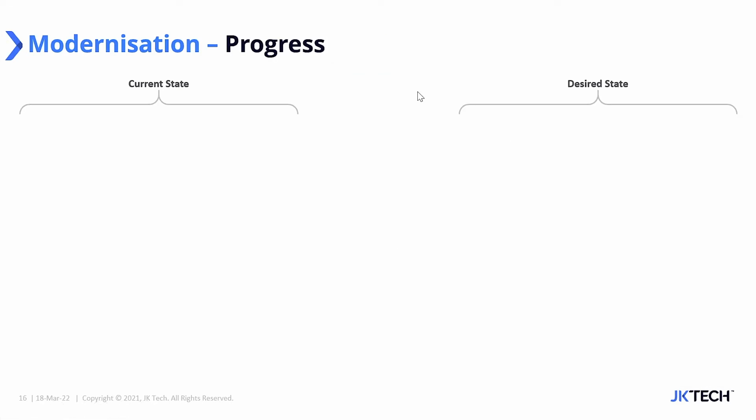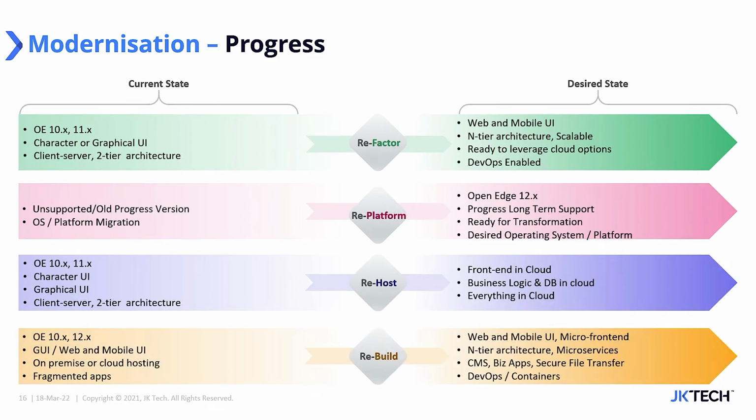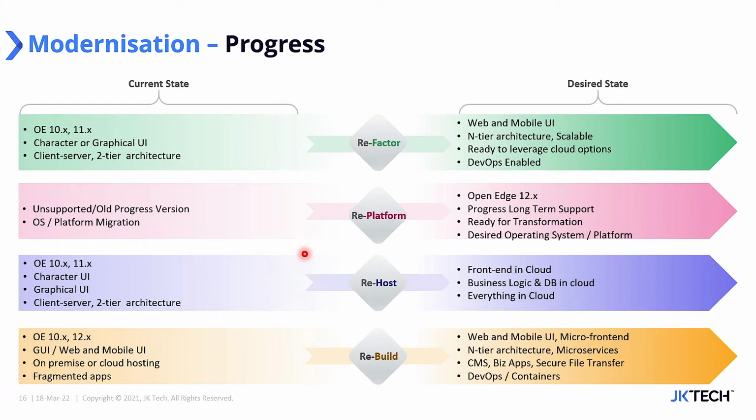So just giving you a brief on how this looks purely from a Progress OpenEdge standpoint. On the left-hand side, you see the current state of various applications, and on the right-hand side, you see the desired state once you do any of these 4 Rs.